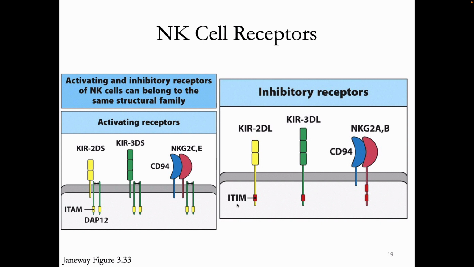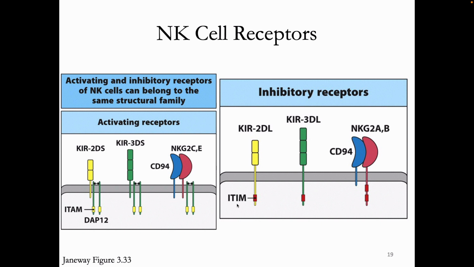One grouping that we can use is that they can be in different structural families. There are some that are called KIRs. There are others that are of the NKG2 family, and so those are shown here. You can see they're shown as either proteins with these rectangles, which are showing us immunoglobulin-like domains, or these little bean things.